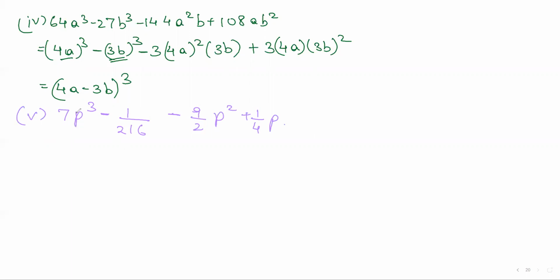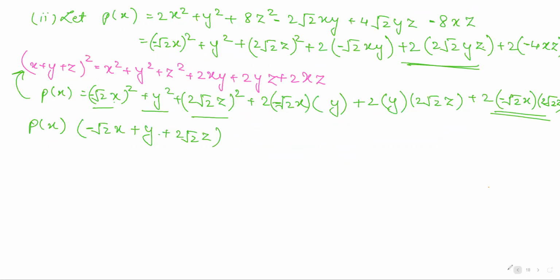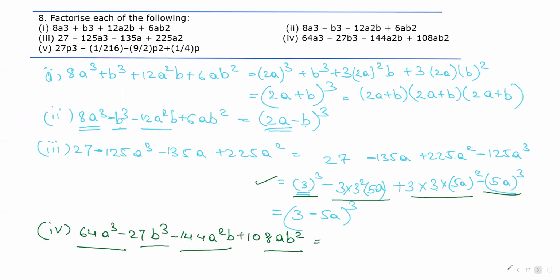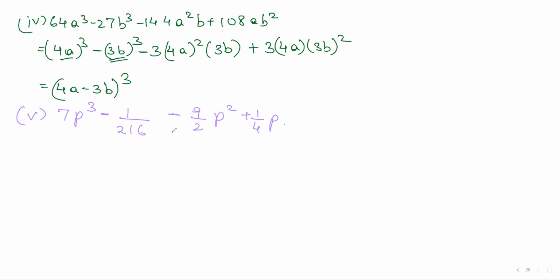Let me recheck the question. It should be 27. Yeah, it is 27. 27p cube. So this is 3p whole cube minus 216. 216, it is which cube? 6 cube. So 1 upon 6 whole cube.